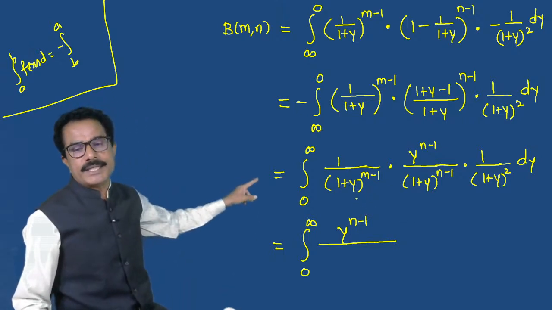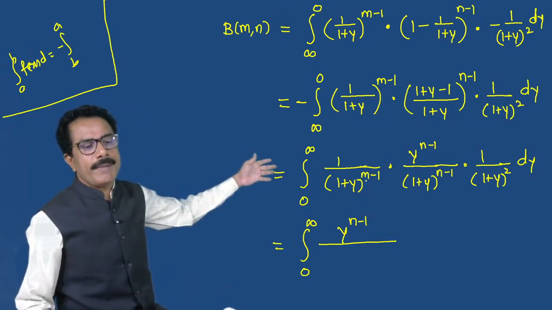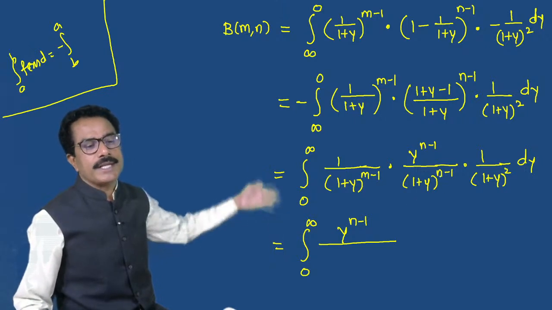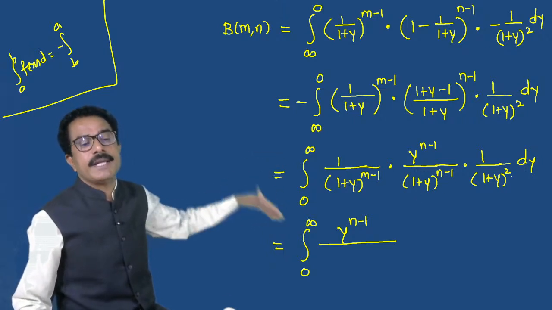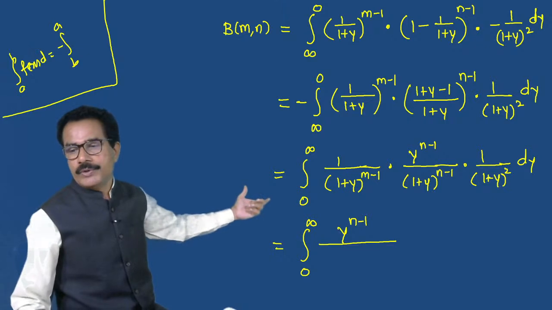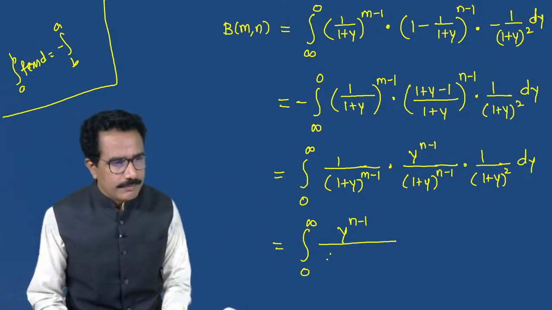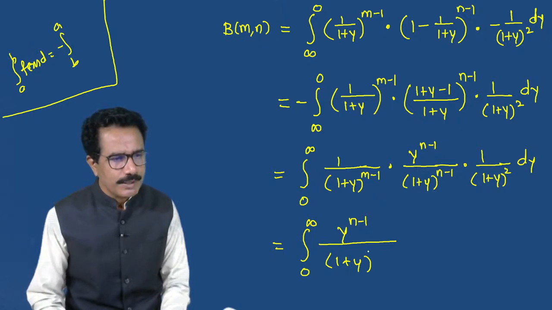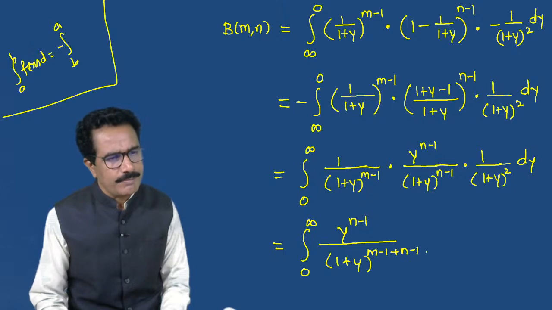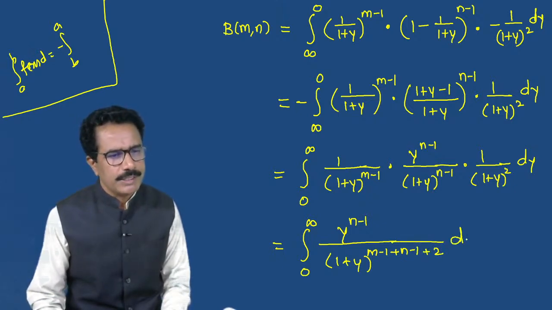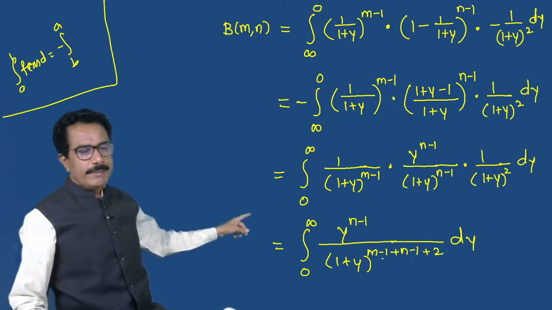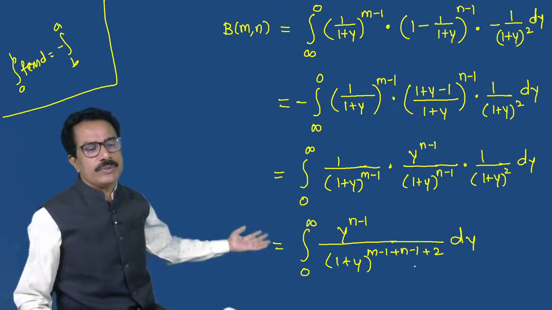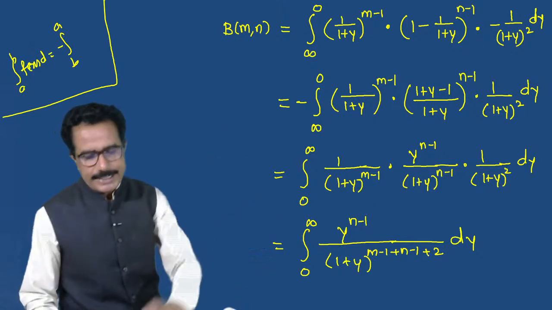In the denominator, 1 plus y raised to m minus 1, 1 plus y raised to n minus 1, 1 plus y raised to 2, so we have to use the index rule: 1 plus y raised to m minus 1 plus n minus 1 plus 2 dy. The minus 1, minus 1 and plus 2 get cancelled.